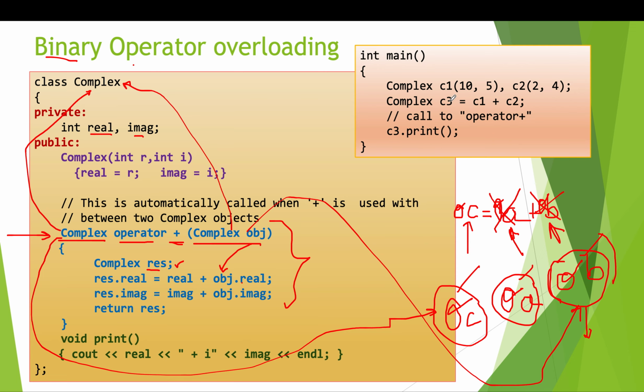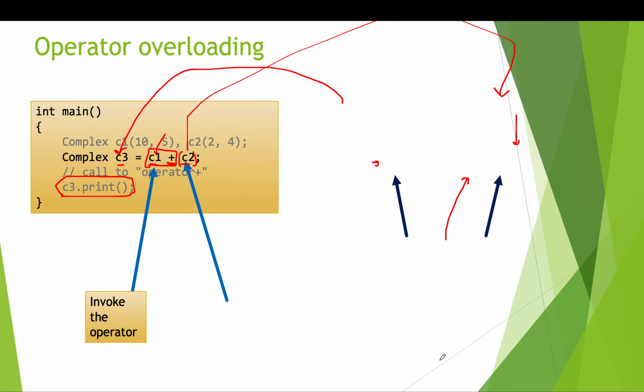That means C3 real is equal to C1 real plus C2 real, and C3 imaginary is equal to C1 imaginary plus C2 imaginary. Right now I do not have the screenshot of the output, but the final output will be 12 plus i9. Okay. Okay, ma'am.